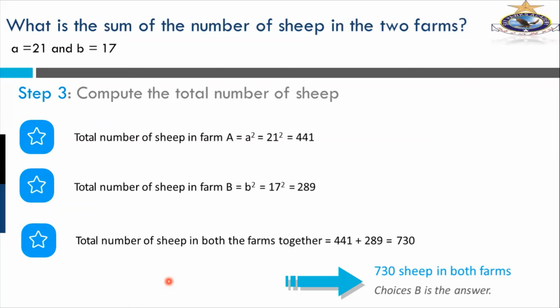There must be a logic. That's why I'm explaining these things and you are with me all along. So you will have to make use of the formula a square minus b square is equal to a minus b into a plus b. So we have the difference, a square minus b square is given, a minus b is given, we can find a plus b, and just put together and find the A and B and just add them and put them over there, we can get the answer. So that is the simple algebraic format.